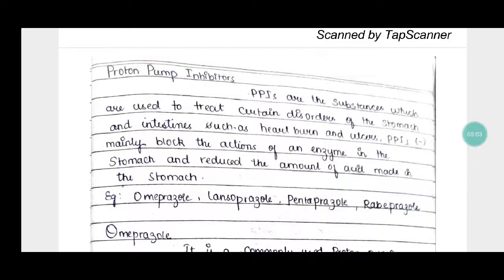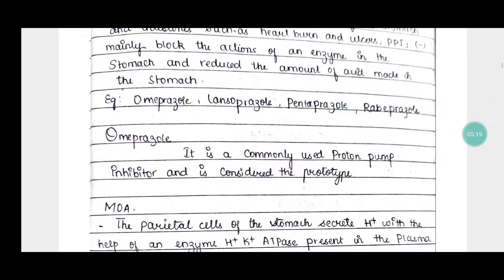Proton pump inhibitors mainly block the action of the enzyme in the stomach and reduce the amount of acid which is made in the stomach. Examples: omeprazole, lansoprazole, pantoprazole and rabeprazole.